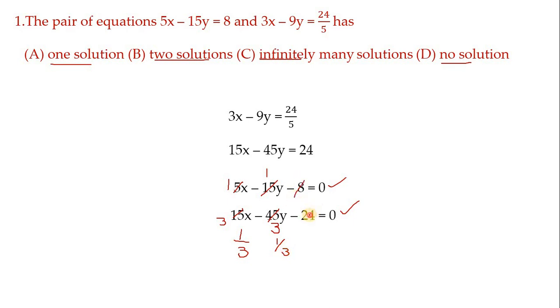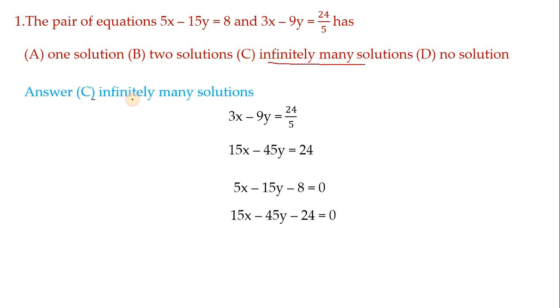And here 8 ones and 8 threes, so I am getting 1 by 3 itself. Here minus divided by minus means we get plus itself, and here also minus divided by minus means I'll get plus itself. Just now we have seen that all ratios are equal, hence we can say that it has infinitely many solutions. That is option C.